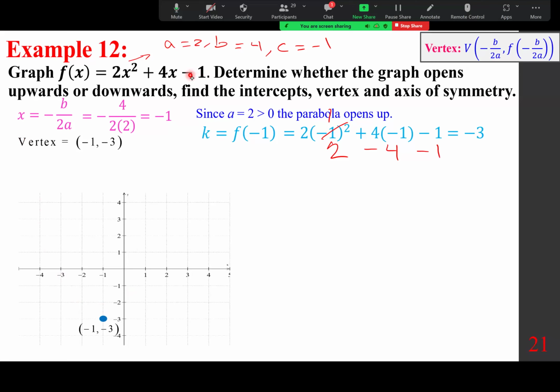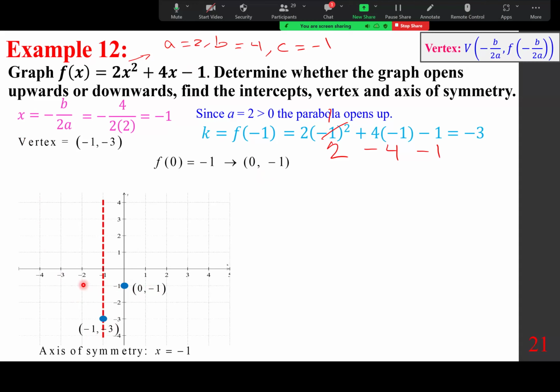0, minus 1 is the y-intercept. This is the axis of symmetry, x equals negative 1. f of 0 is -1, so basically this one is your y-intercept. If I want to use the axis of symmetry, from -1, -3 to 0, -1, this distance is 1.